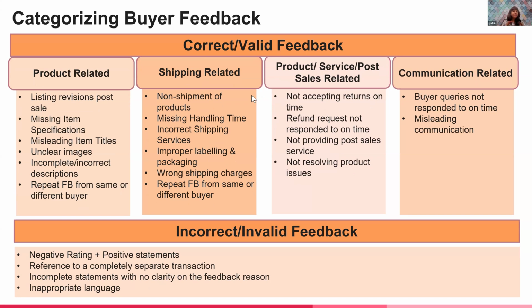The next part talks about incorrect or invalid feedback. This is where eBay feels that this kind of feedback is not correct for you to have received, and we will support you.